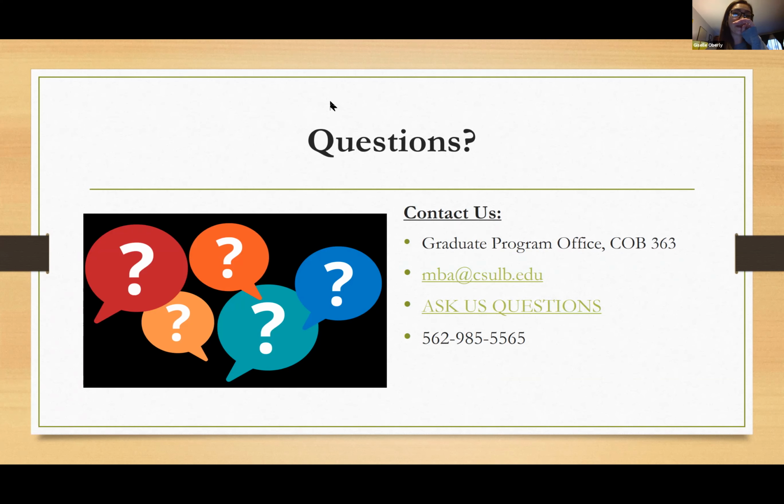They wanted to know the requirements to attain a GMAT waiver. Okay, so you have to have 7 years of managerial work experience, and you also have to demonstrate the ability to do well in the graduate program. Typically, you would do that by having a strong undergraduate GPA. So those are the two things you need. And what you would do to demonstrate that is you would send us a copy of your unofficial transcripts.